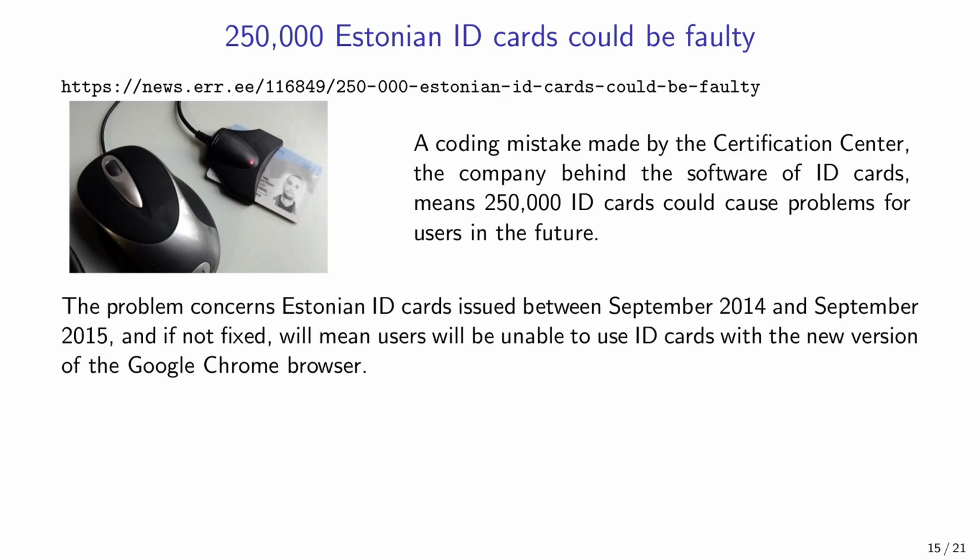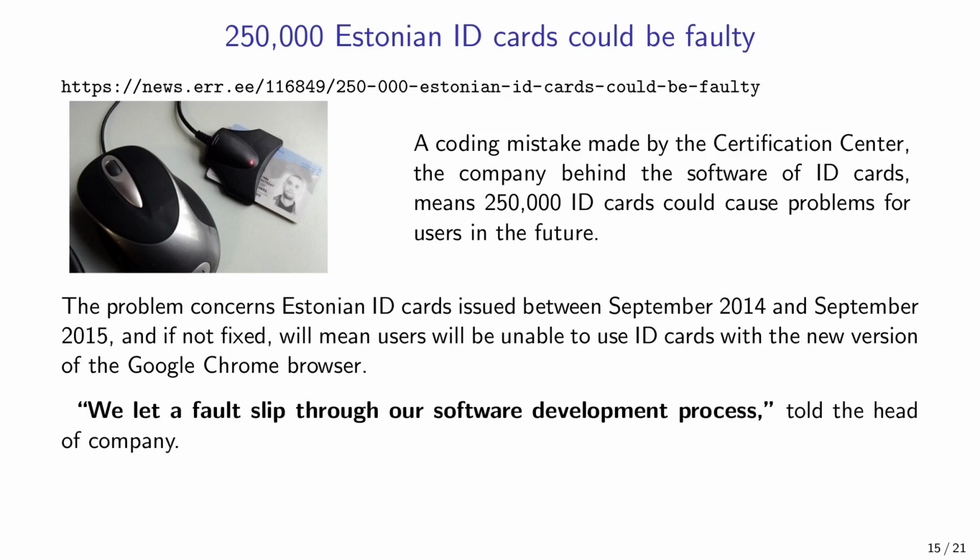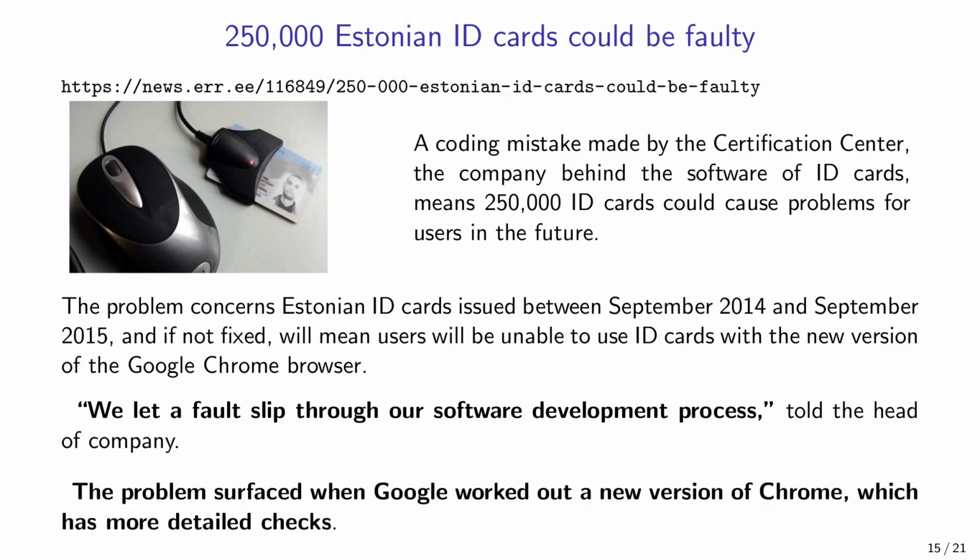The problem concerns Estonian ID cards issued between September 2014 and September 2015, and if not fixed, will mean users will be unable to use ID cards with the new version of the Google Chrome browser. We let a fault slip through our software development process, told the head of the company. And the problem surfaced when Google worked out a new version of Chrome, which has more detailed checks.